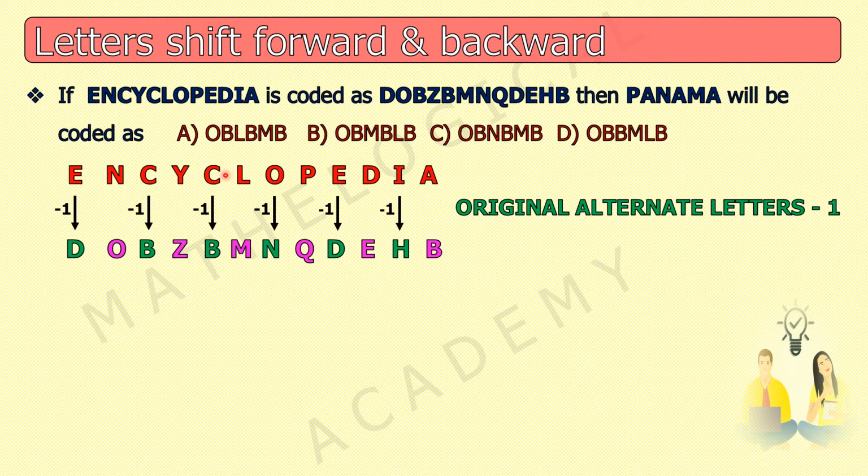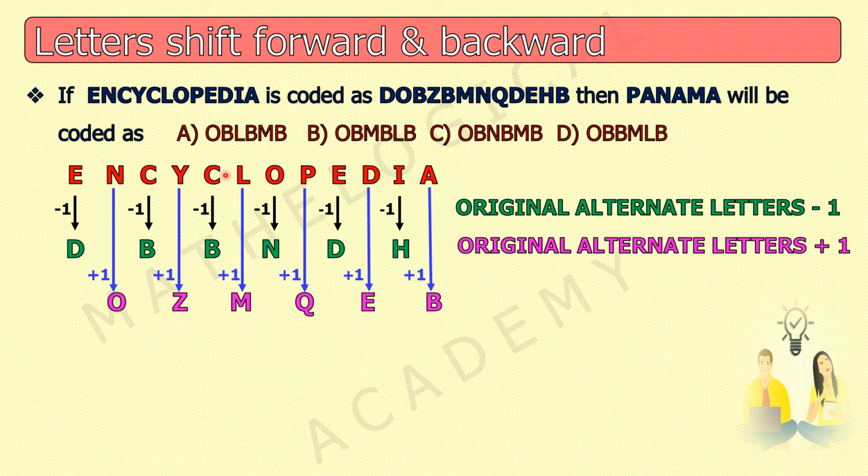One set of letters is moving backwards, and one set of letters is moving forward. That's why I had shown it in 2 different colors. So one alternate set, original letter minus 1, E minus 1 is D, C minus 1 is B. Other alternate set, original letter plus 1, N plus 1 is O, Y plus 1 is Z, L plus 1 is M, and likewise.